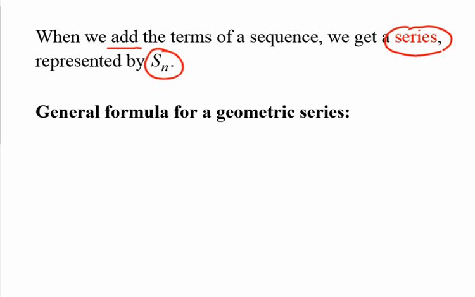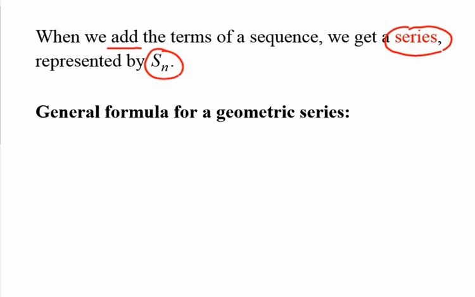Now we need a general formula for a geometric series. In other words, a general formula for adding up all the terms in a sequence. Because it's quite easy if there are 4 or 5 terms, maybe if there's 10 or 11 terms. But what if you're adding up 1,000 terms or 5,000 terms? You don't want to do that manually. That'll take you forever. So you need a formula.